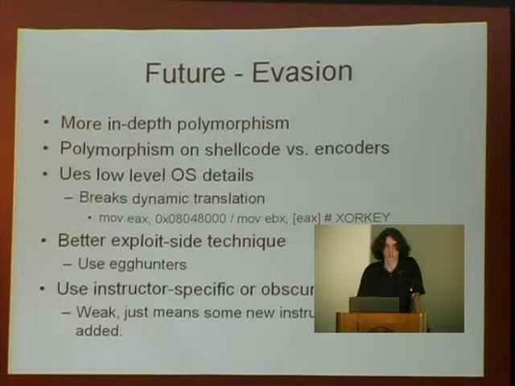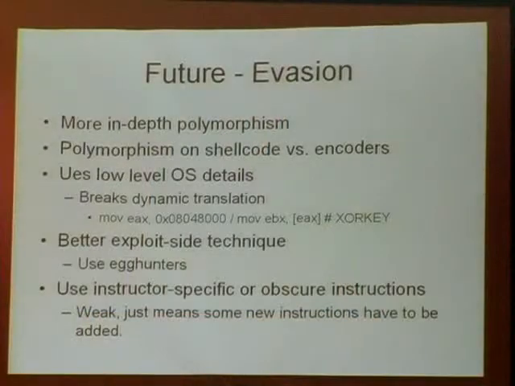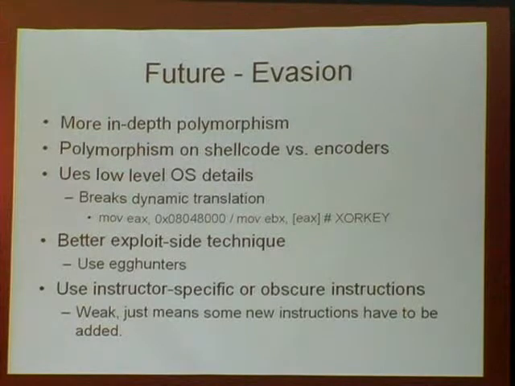They're not going to understand vendor-specific instruction sets like 3DNow!, which is on AMDs but not Pentiums, or SSE2 or MMX or other uncommon instruction sets. So this is a fairly weak approach. It can be pretty easily bypassed by just adding some new instructions. But if you're in a bind, this may be something to look at, by writing MMX polymorphic shellcode encoders.